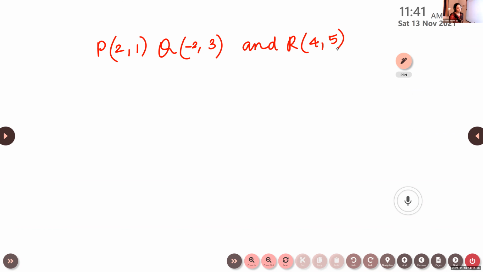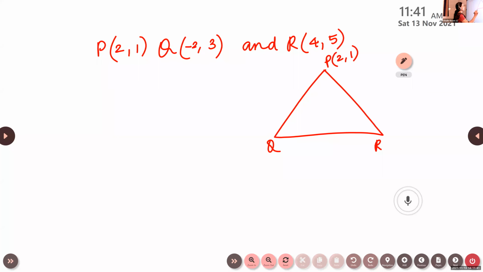Find the equation of the median through the vertex R. Find the equation of the median through the vertex R.